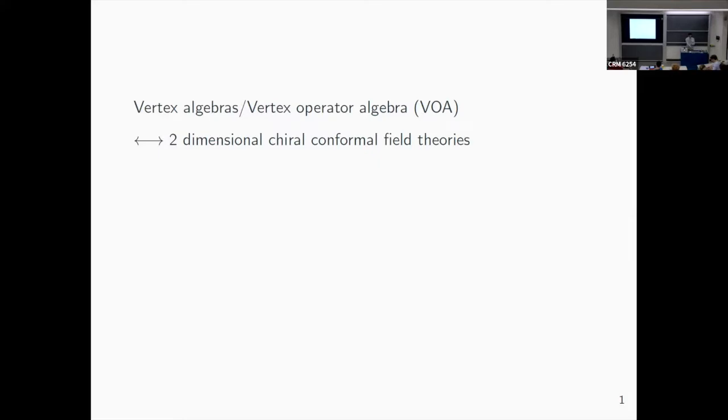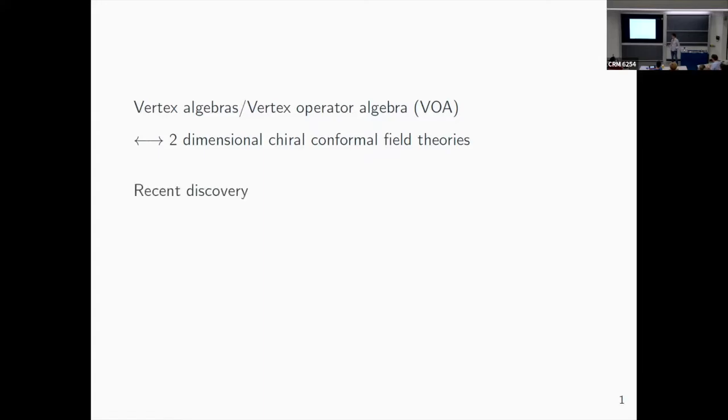And because VOAs were originally introduced as an algebraic framework for two-dimensional conformal field theories, it was not originally expected that the vertex operator algebra has anything to do with higher dimensional quantum field theory.